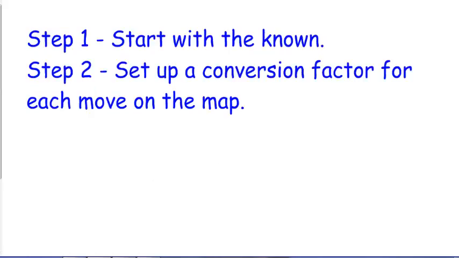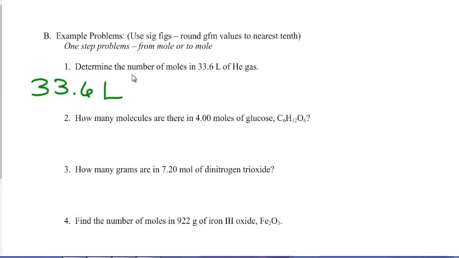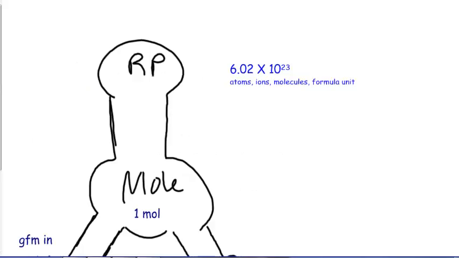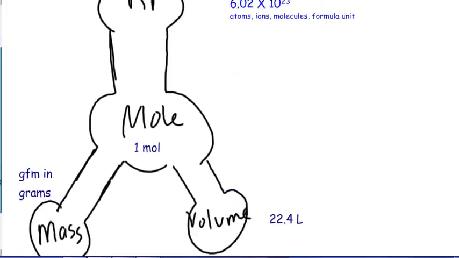Step 2, set up a conversion factor for each move on the map. Well, thinking back to the problem, it said determine the number of moles in 33.6 liters of helium gas. So if I look at my mole map, I'm starting with the volume, the liters, and I need to solve for moles.